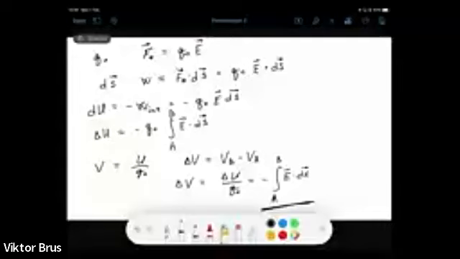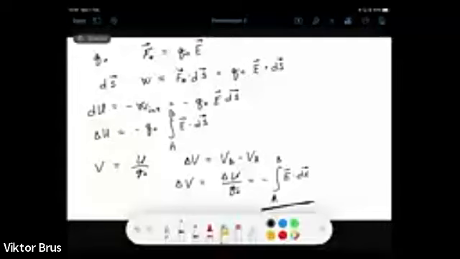In this case work will be equal to test charge times change of the potential. The units for potential are joule divided by coulomb.